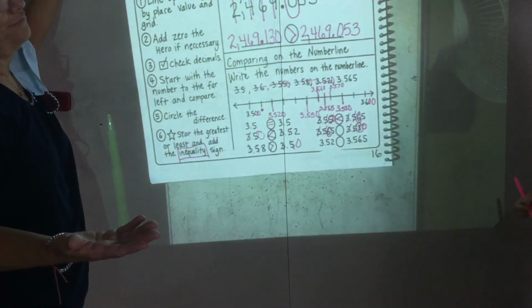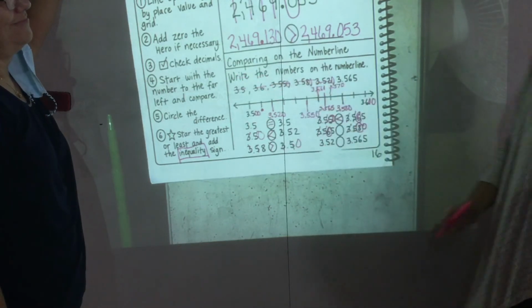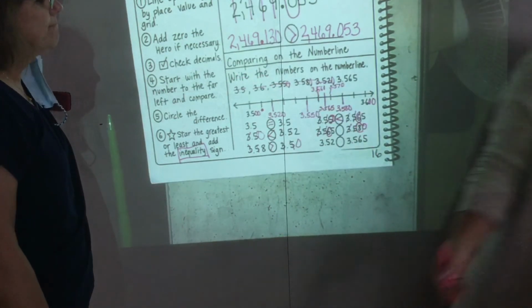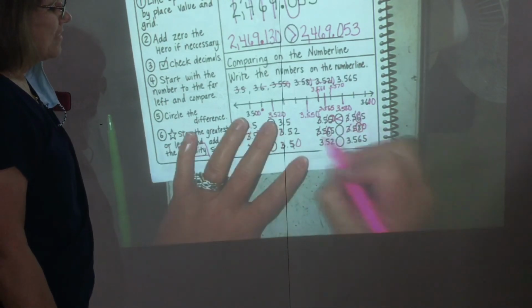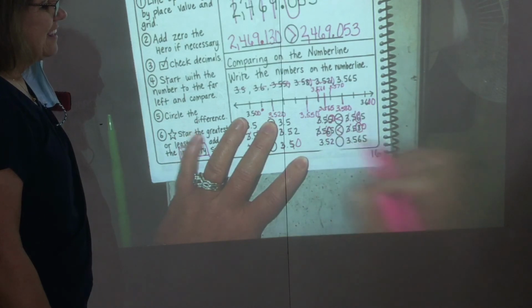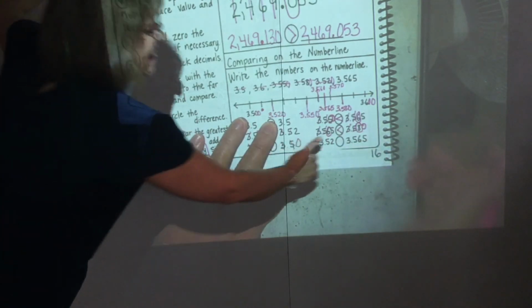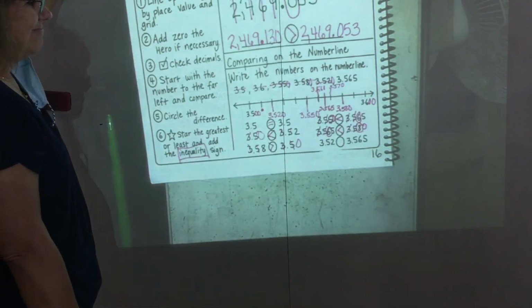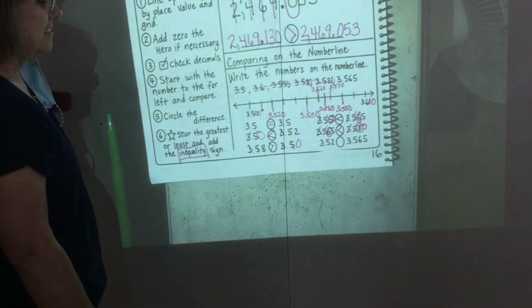Well, I know, if my mom asked me, I'm going to have $8 and $6, so I know that 8's bigger. 8's larger. I agree. Okay, so it's going to be 3 and 565 thousandths is less than 3 and 58 hundredths. Yes? Yes. Okay. Next one.